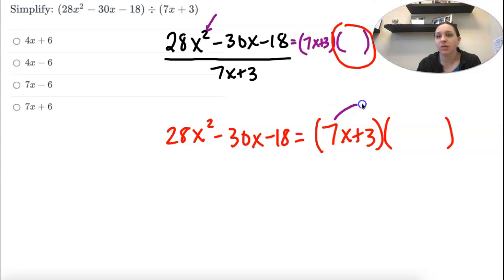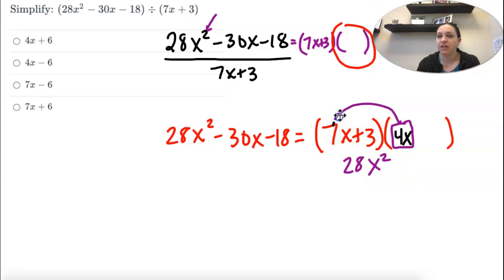So I know that when I multiply this and this, I get 28x squared. So I need another x here, and then I want you to think, 7 times what number equals 28? 4.